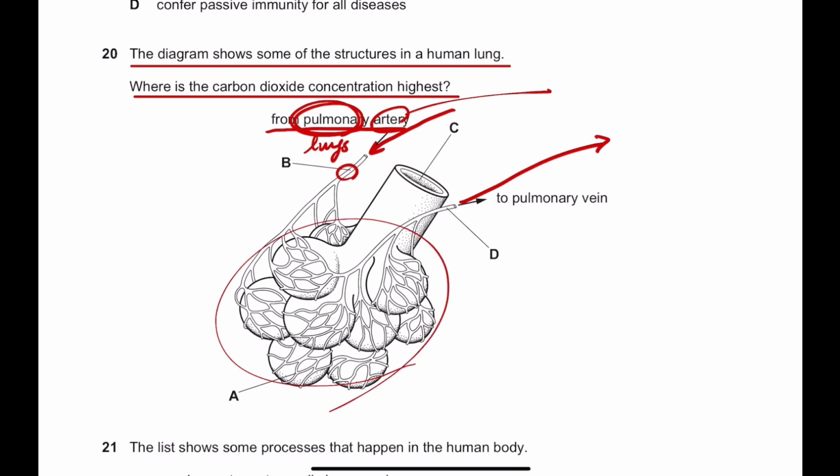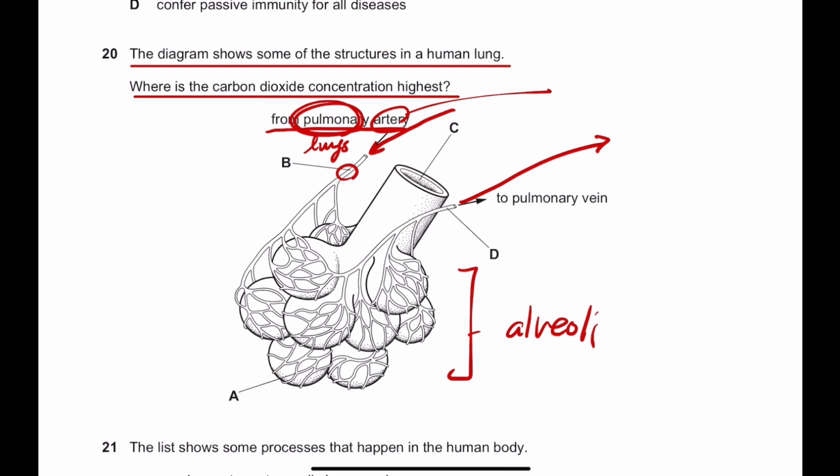This is called alveoli. It provides gas exchange. It provides oxygen and takes out the carbon dioxide. So B will probably be the blood vessel that has the highest carbon dioxide concentration.